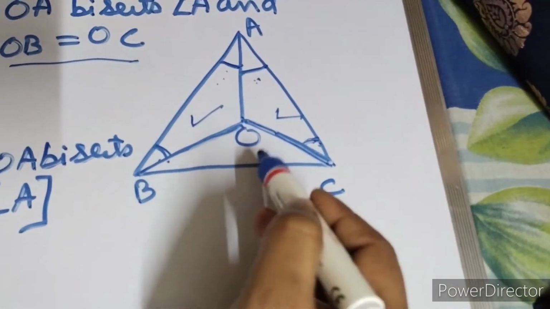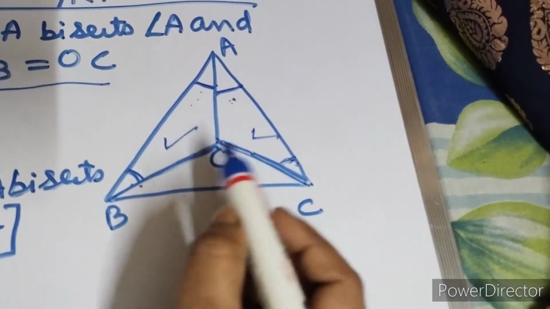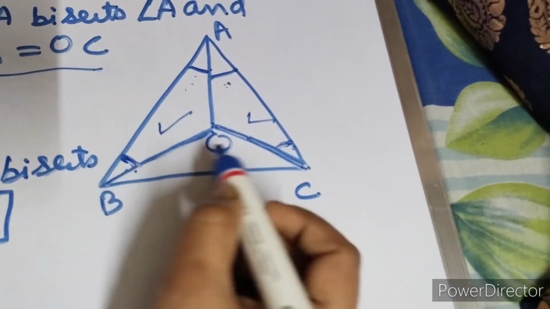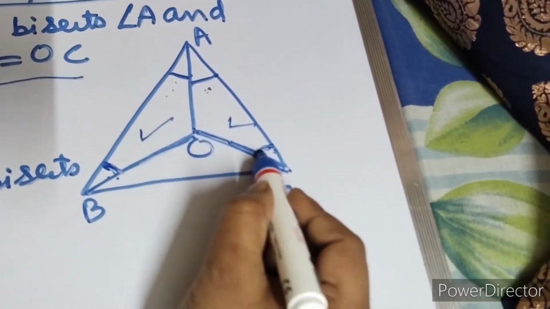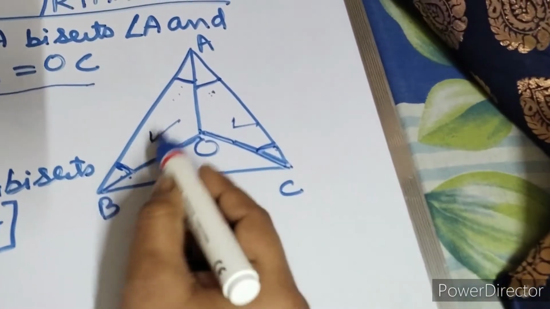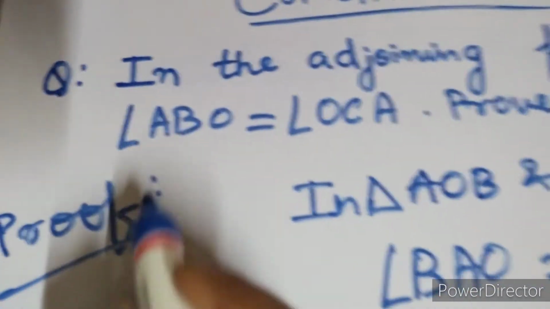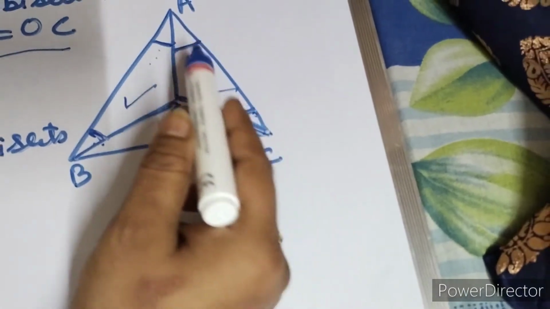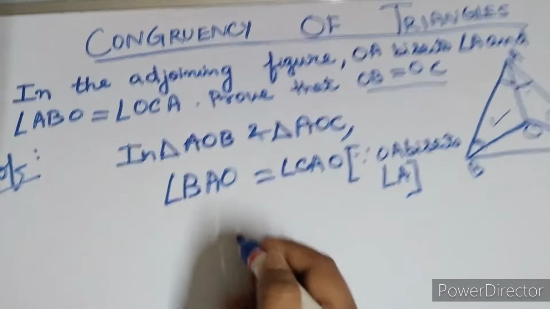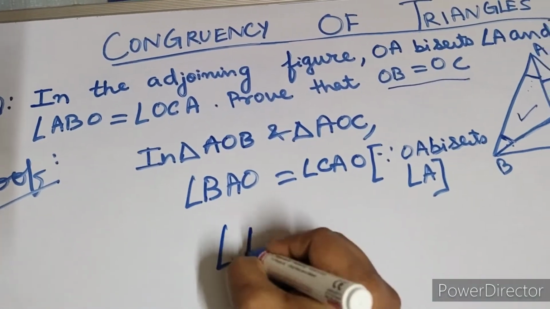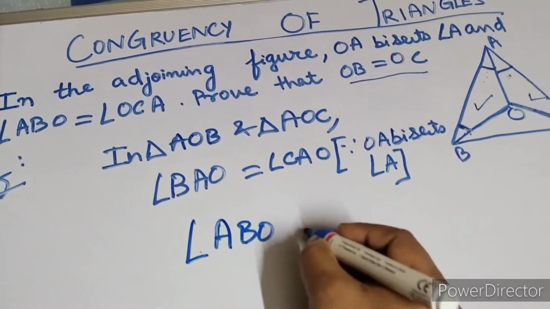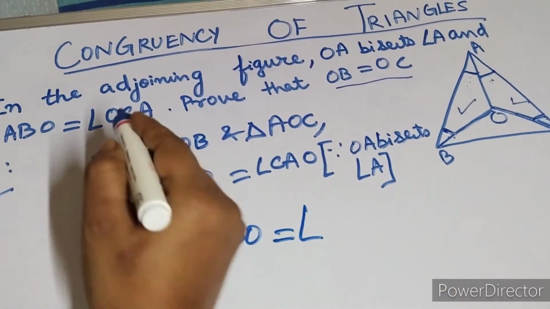Okay. Now angle ABO is equal to angle ACO, ABO this angle and ACO this angle. It is given in the question. ABO and OCA, it's the same. ACO or OCA, it's the same. Angle ABO will be equal to angle OCA.